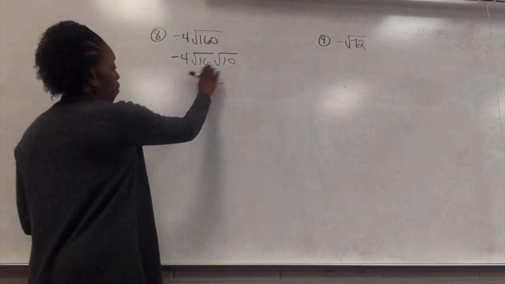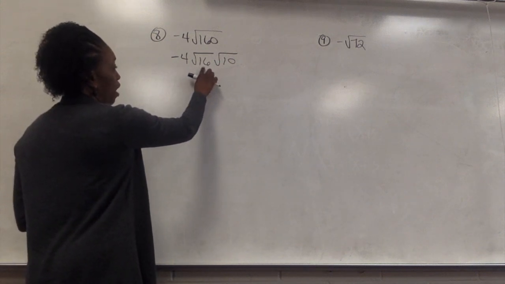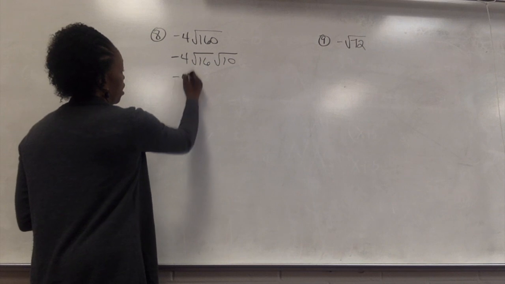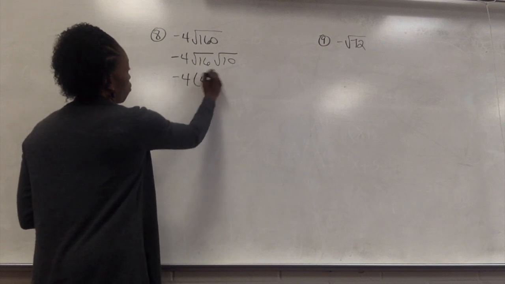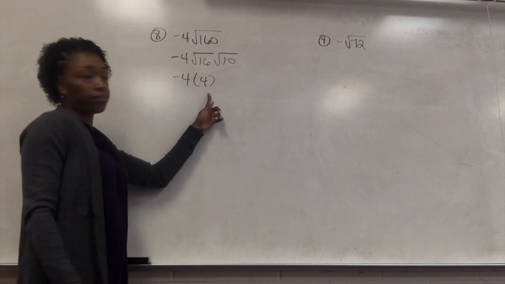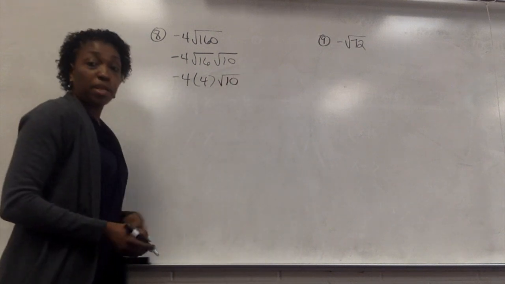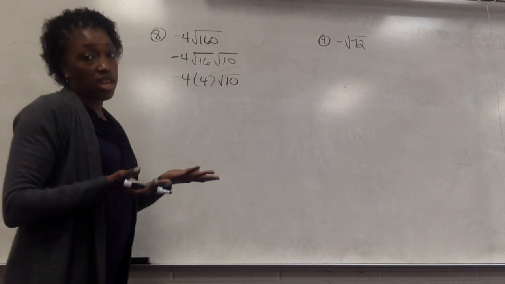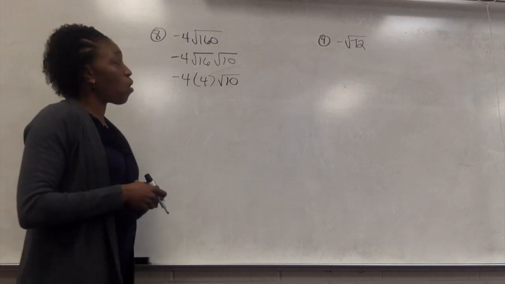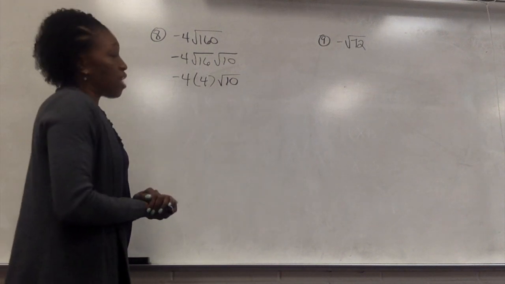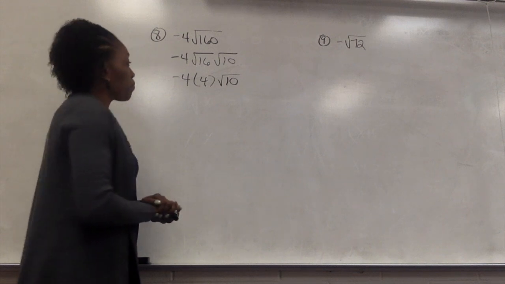Now, when I break it up into 16 and 10, I notice that the square root of 16 is a whole number, 4, so I'm multiplying by 4 now. The square root of 10, if I break that up, I'm going to get 2 times 5, and neither one of those numbers are perfect squares, so I'm going to just leave the 10 there.